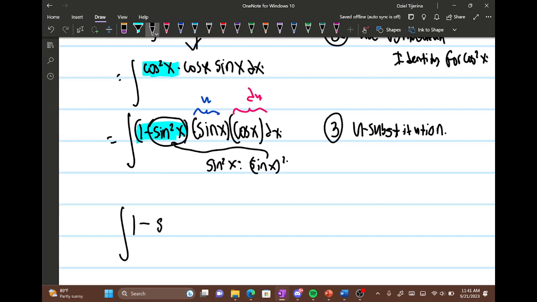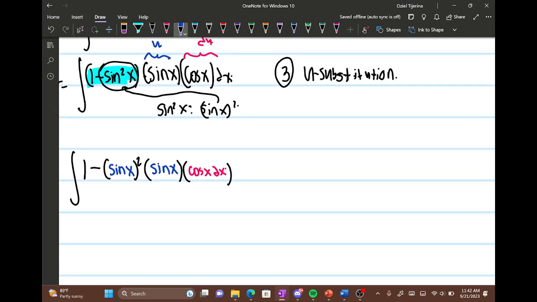So I'm going to say 1 minus sine x squared, times sine x, times my cosine x dx. Again, u is sine x, and du is cosine x dx.